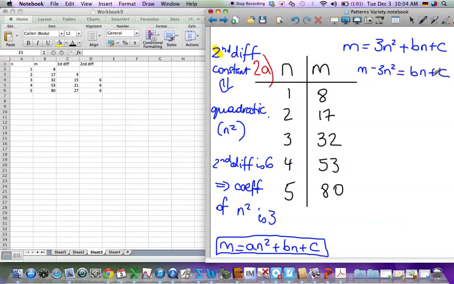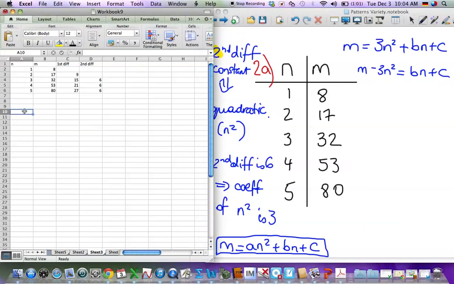And I'm actually going to do that over here on my spreadsheet. I'm going to subtract 3n squared because I know that 3n squared is part of my formula, but I need to know what else is in there. So n and m. Actually, what I'm going to do is copy the whole of this down to here. And I'm going to list 3n squared.